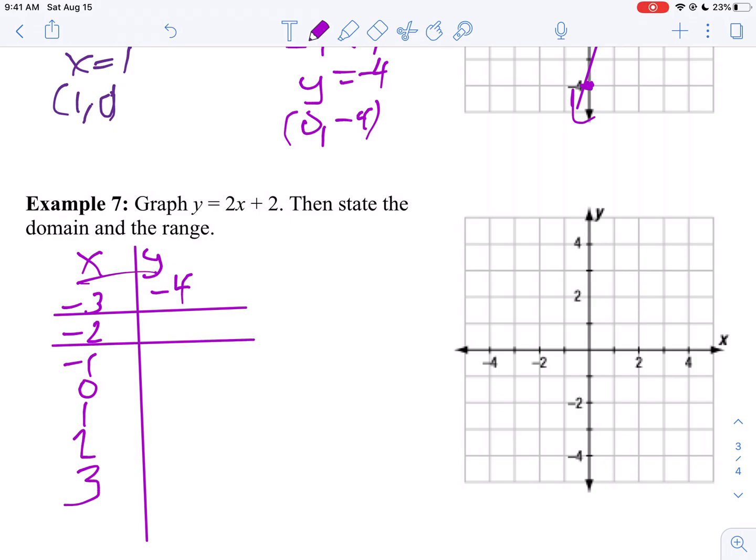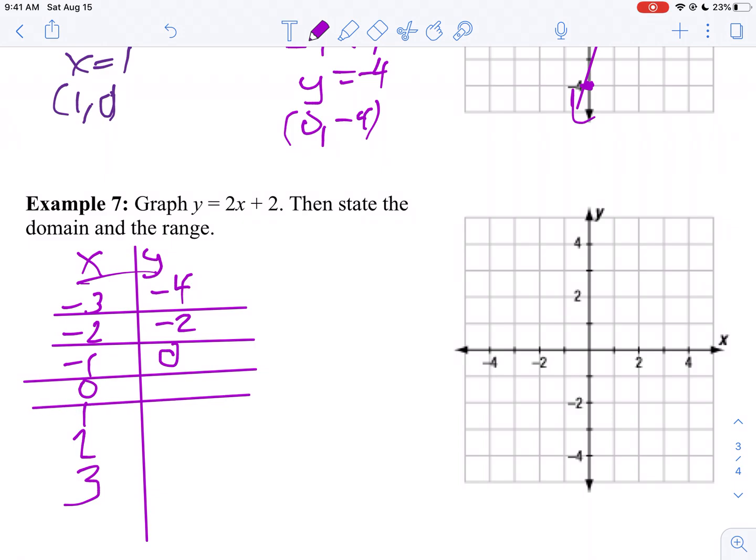Let's try the second one. 2 times negative 2 is negative 4, plus 2 is negative 2. Let's do negative 1. 2 times negative 1 is negative 2, plus 2, that's 0.